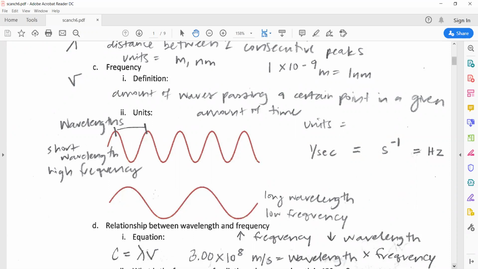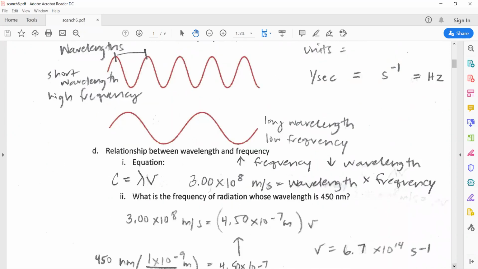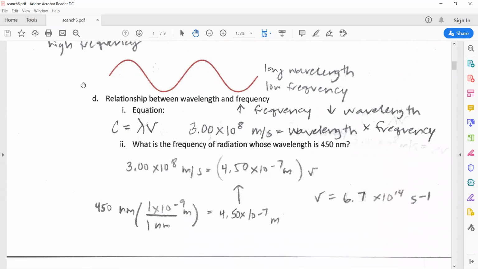We have an equation that helps us with that relationship, and it's shown here. c, which is speed of light, so 3 times 10 to the 8th, equals lambda times nu, which means wavelength times frequency.